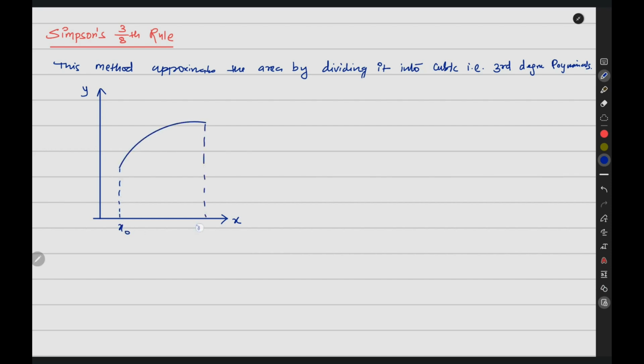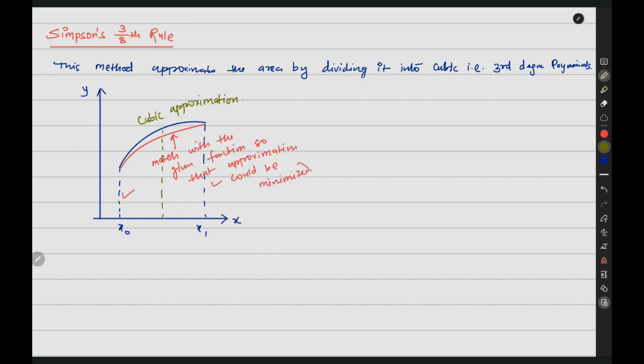Here it is x0, here this is x1. Now during the third degree polynomial approximation, between these intervals, in each step, the function is approximated as a cubic function, and this cubic function is supposed to match the given function, so that the approximation error could be minimized.